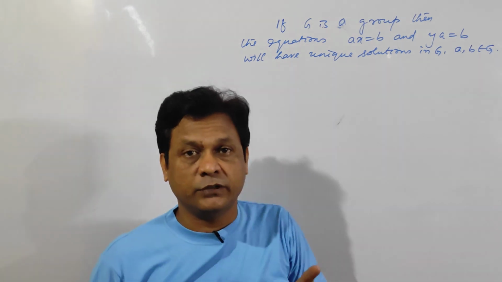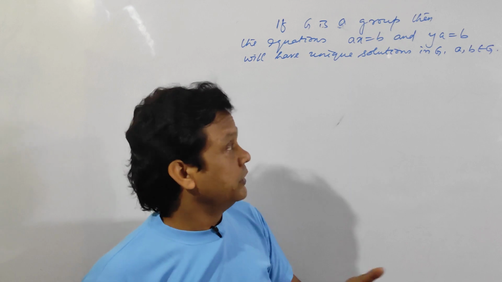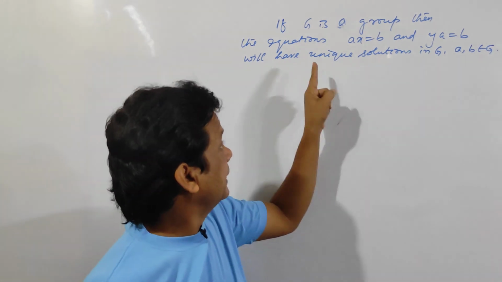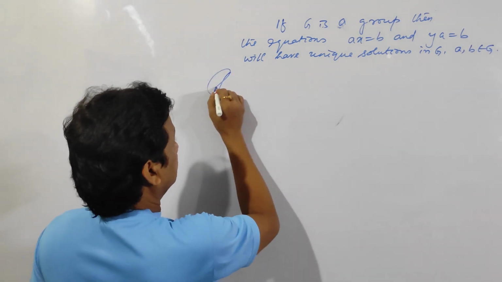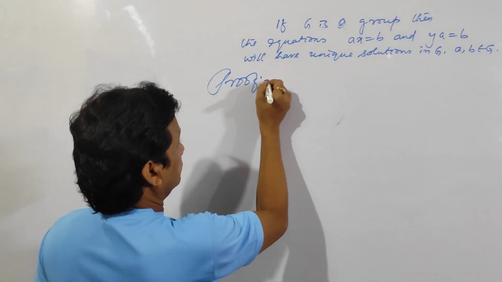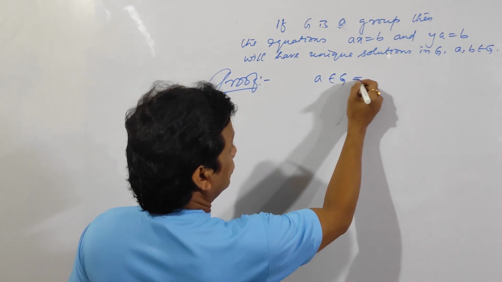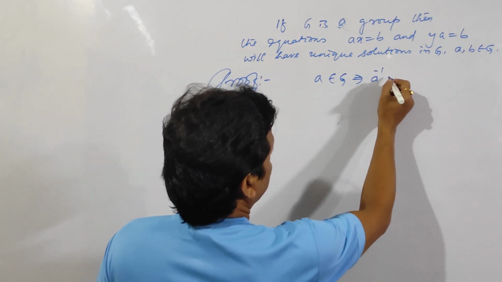First of all, find the solution which will satisfy the given equation. Second, that solution must be an element of G. Third, that solution should be unique. Clear? See here. Given A belongs to G, so automatically A inverse belongs to G.